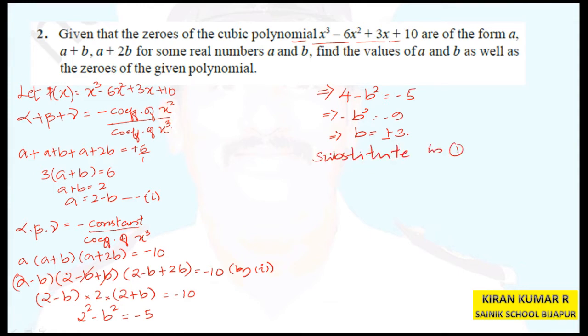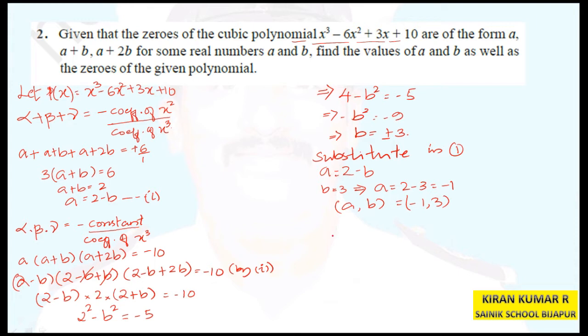Let us substitute in equation 1. Let us take the value of b as positive 3. We get a minus b equal to 2 minus 3, which is minus 1.